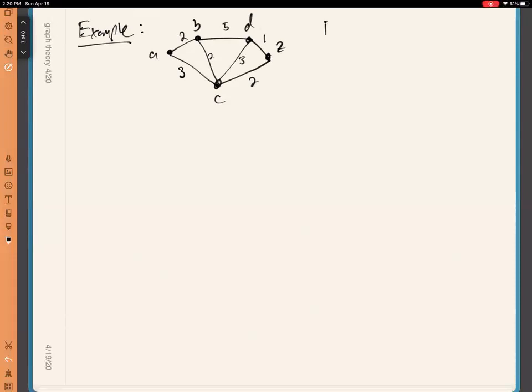Right, and so what we want to do is find the shortest path from A to Z, meaning taking into account the weights.